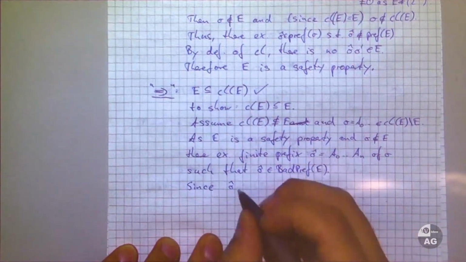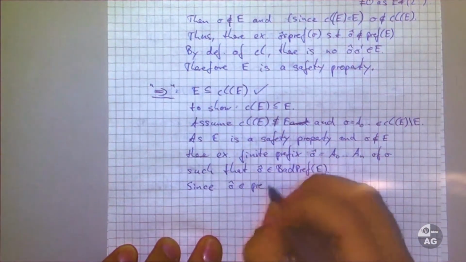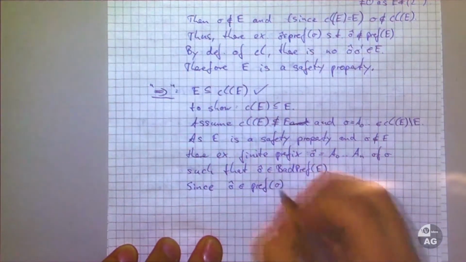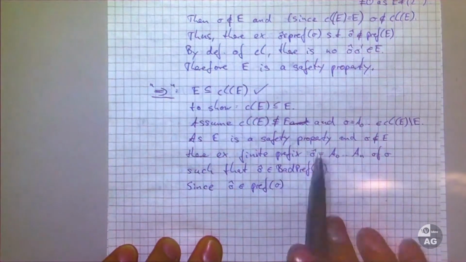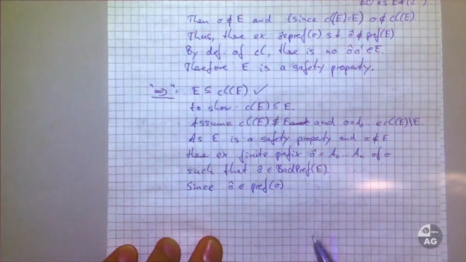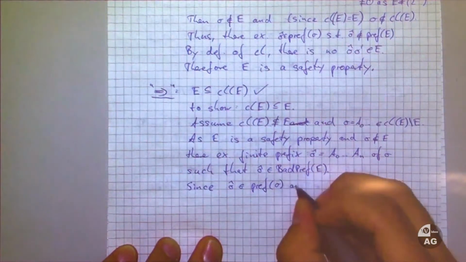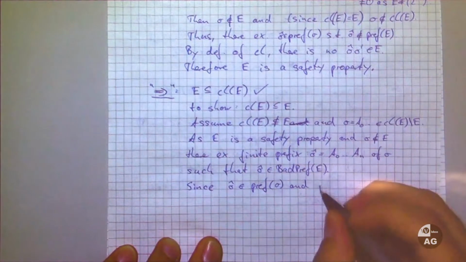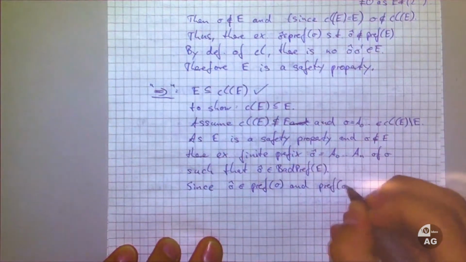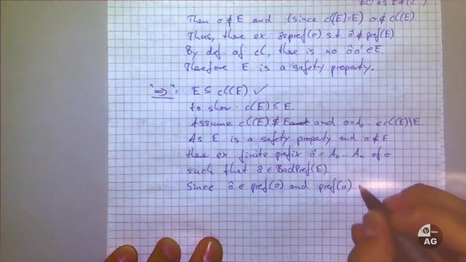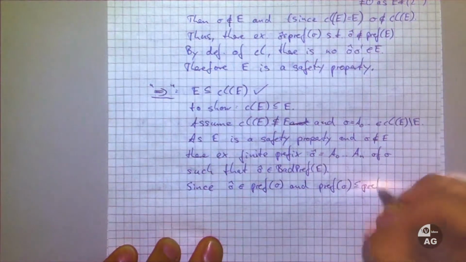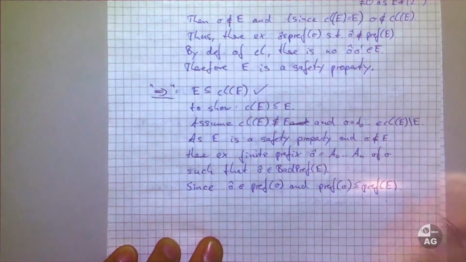Now we have that sigma head is in the prefixes of sigma, because we said sigma head is a prefix of sigma, so that's very trivial. And we have that the prefixes of sigma are fully contained in the prefixes of E. Why?